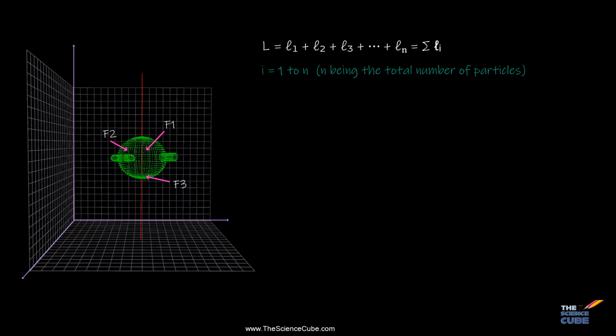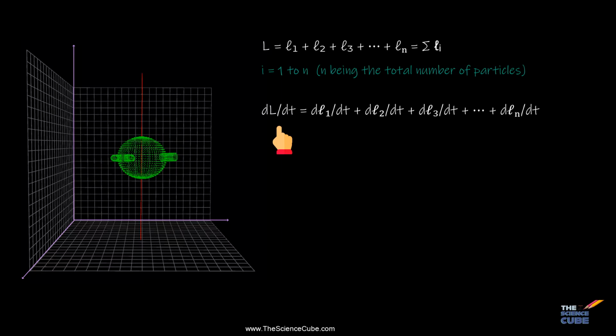And when this happens, we can find the change in angular momentum L of the system by taking the time derivative of L on the left hand side, and this should equal the rate of change of momentum of each particle in the system, that is the right hand side.